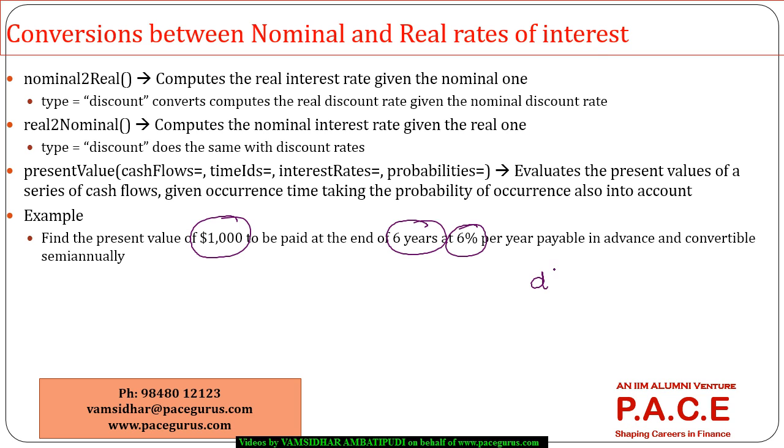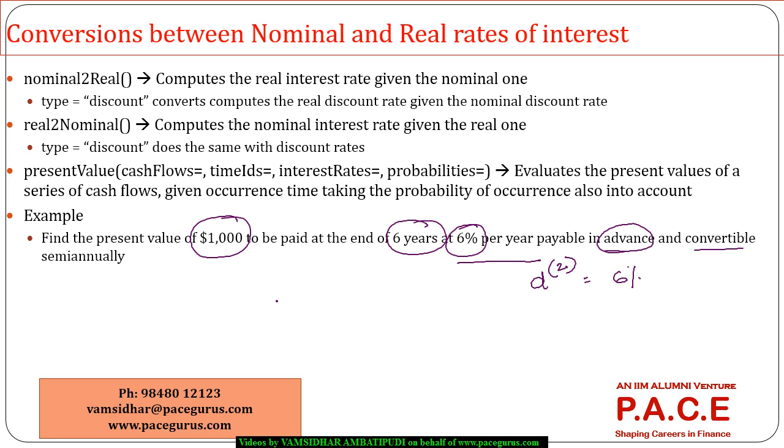So what I am being given is d2, right? 6% per year payable in advance and convertible semi-annually. So d2 is being given as 6%.